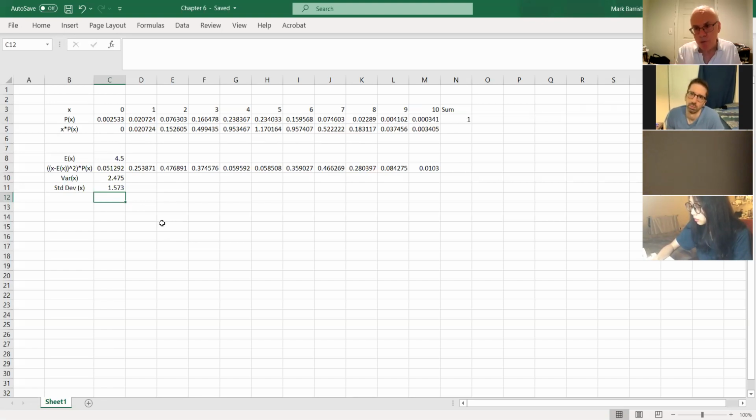My feeling is just show it to you in Excel. You'll both have Excel on your computer, and why bother doing something like this in Minitab when it's so easy to do it in Excel? All right. No questions? So you're good with this? Okay. Let's go back to the book.